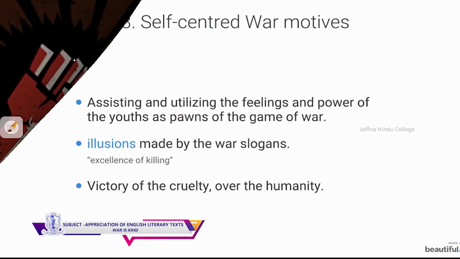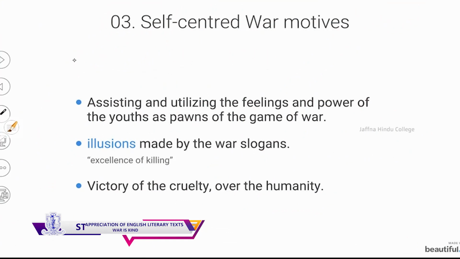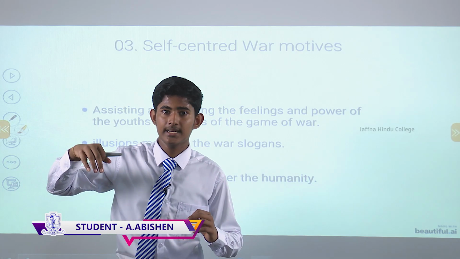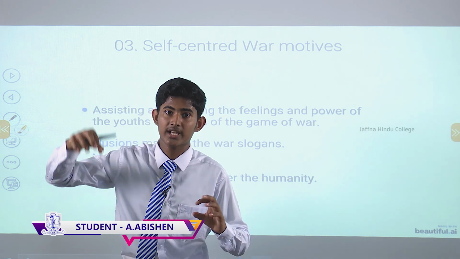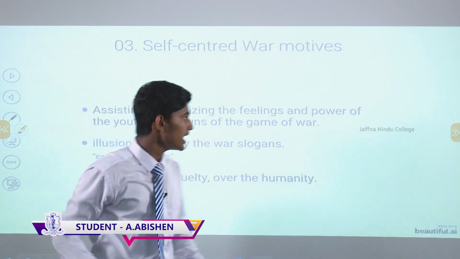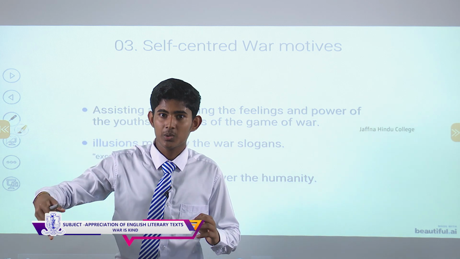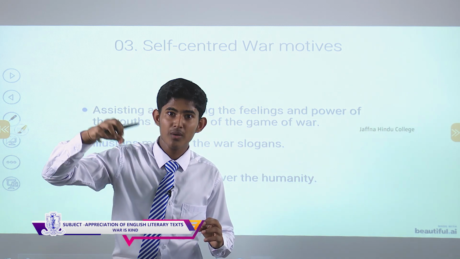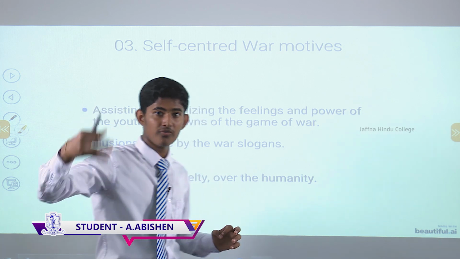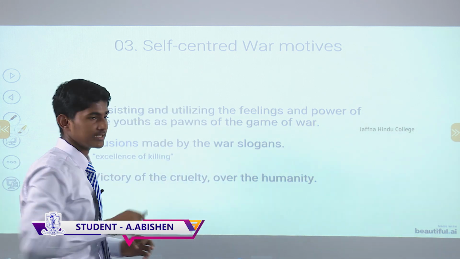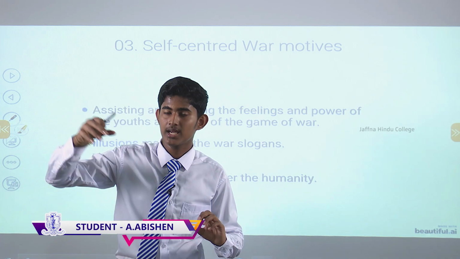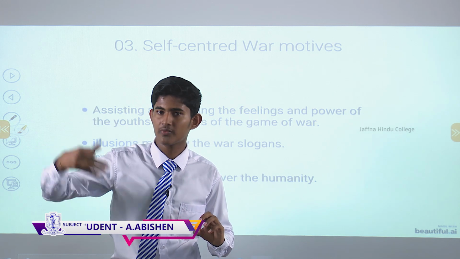Then the self-centered war motives. Actually, the soldiers are out of control and controlled by the warmongers through their illusions. The virtue of slaughter and the excellence of killings are the immoral motives or immoral slogans of the war. As I already mentioned, virtue refers to the moral and slaughter refers to killing.